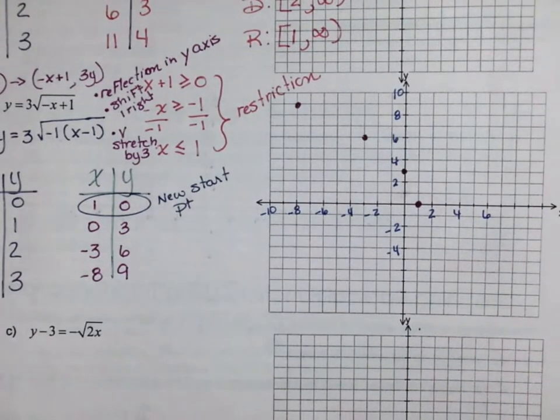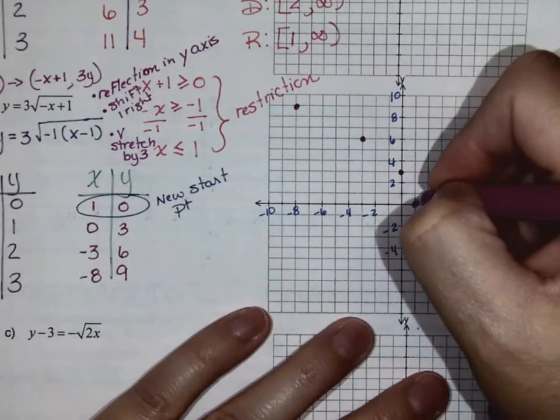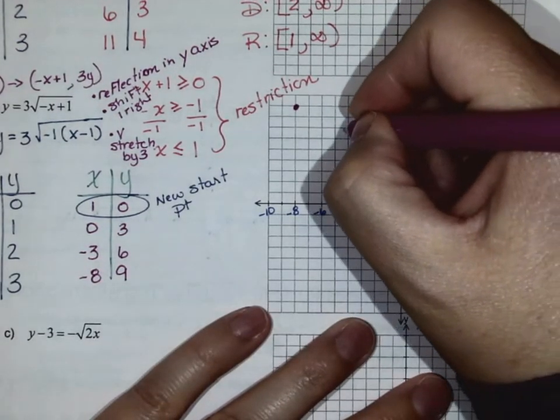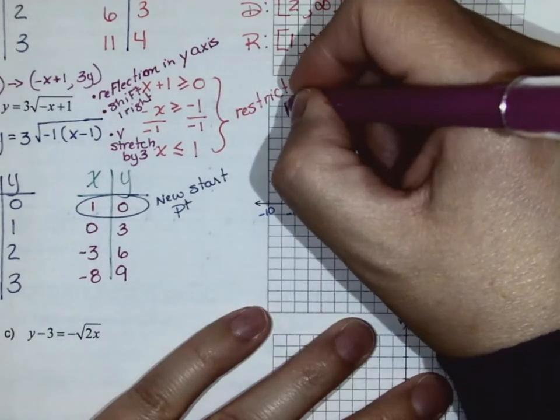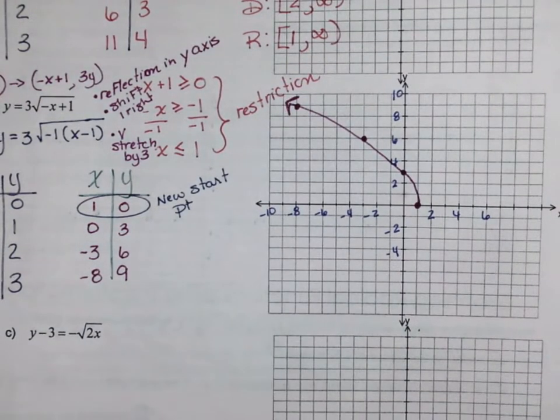Okay, so what's happening between those first 2 points? Domain and range.